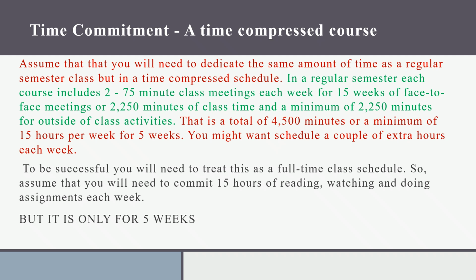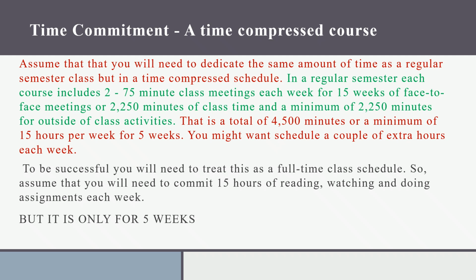Assume that you will need to dedicate the same amount of time as a regular semester class, but on a time compressed schedule. In a regular semester, each course includes 2 75-minute class meetings each week, or one 2.5-hour class session each week for 15 weeks of face-to-face class meetings, or 2,250 minutes of class time and a minimum of 2,250 minutes of outside of class activities.